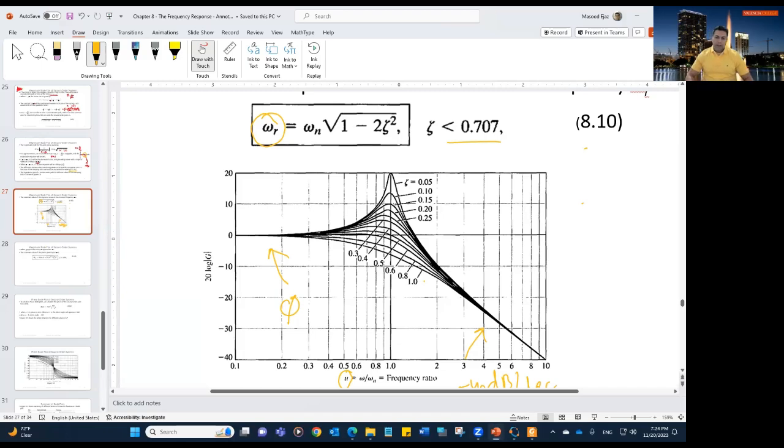However, as you get closer to the natural resonant frequency, your curve is going to go up, and then it's going to go down, and then it's going to merge asymptotically to negative 40 decibel per decade. So as you can see, 0 to negative 40 decibel per decade, 1 to 10, that's 1 decade. So asymptotically, it's going to negative 40 decibel per decade.